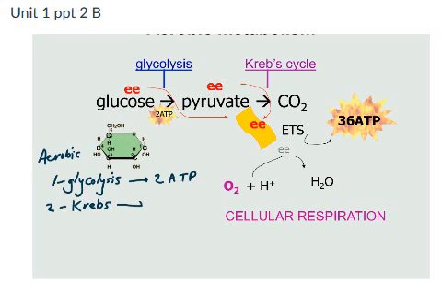For the Krebs cycle, again, at the end of it, you have 2 ATP that are produced. The third one is known as the electron transport chain or system. That's why you see an S over here for system. And here, we're going to say there are 30 plus ATP produced.